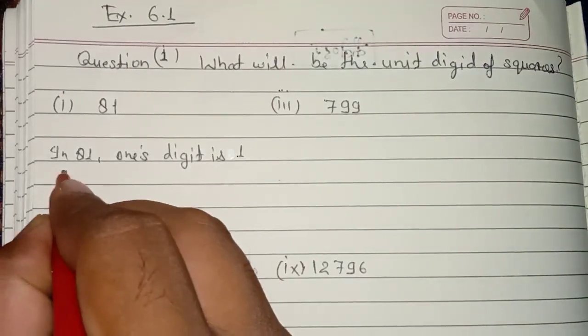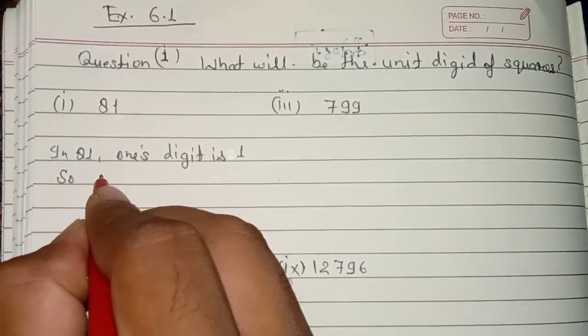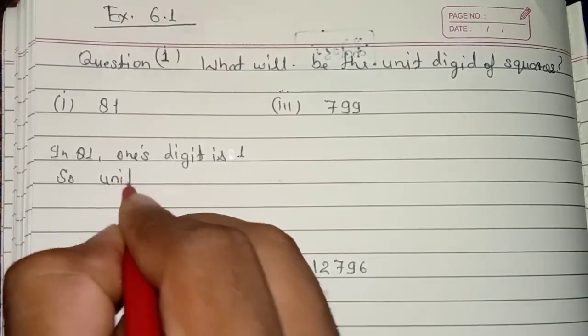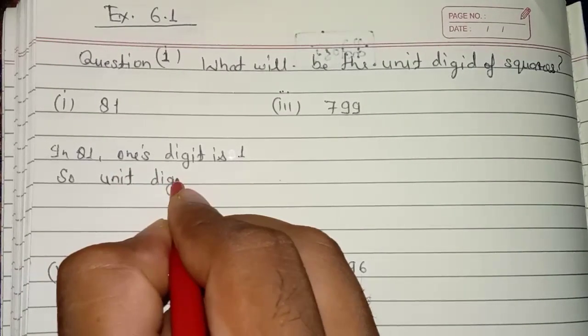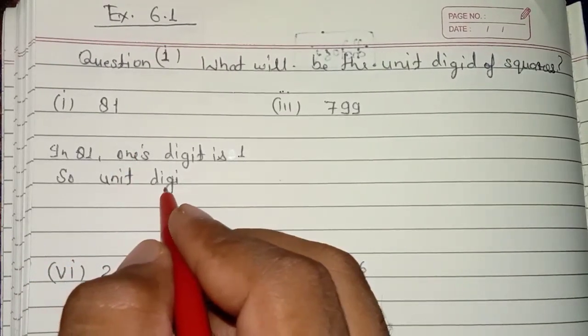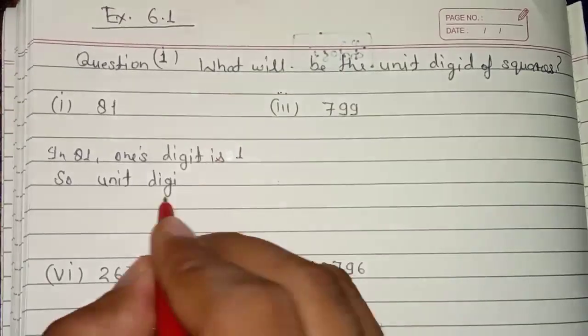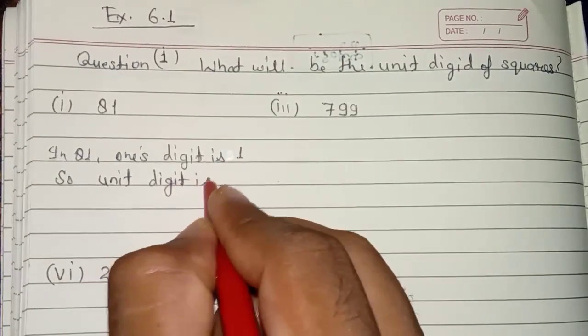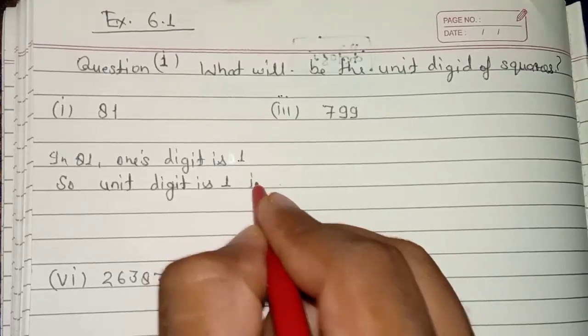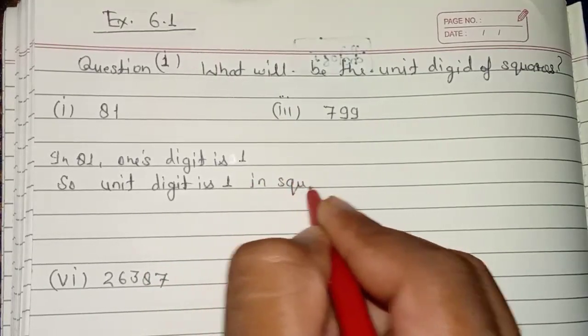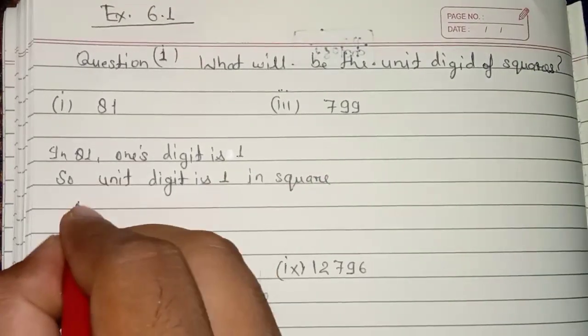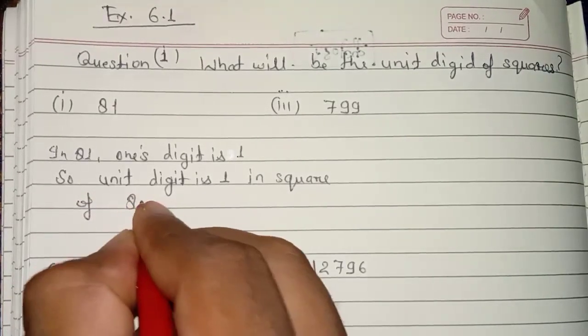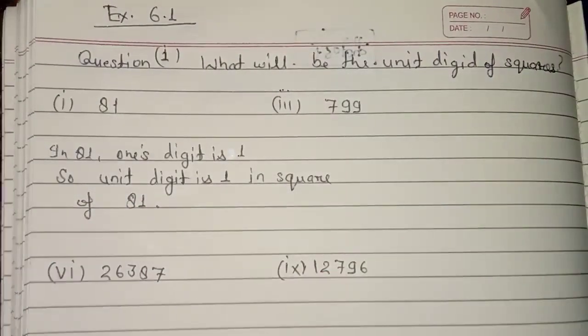So unit digit, here ones and unit digit are the same, okay, don't get confused. So unit digit is 1 in square of 81. You can do this thing, you can multiply 81 two times and obtain your answer.